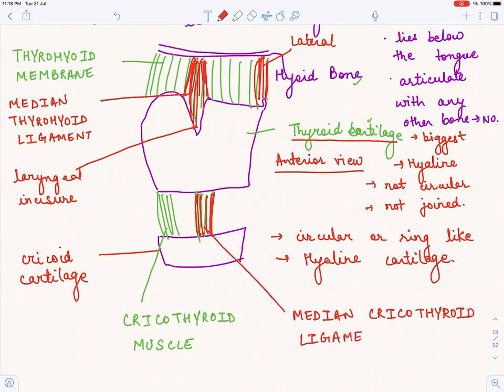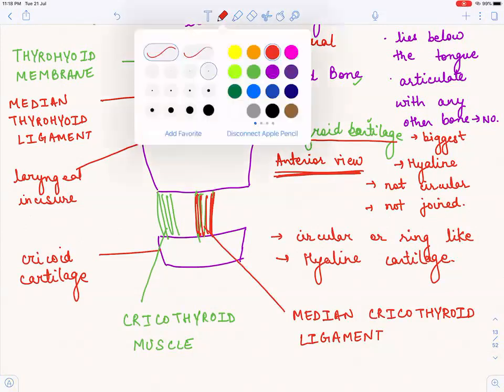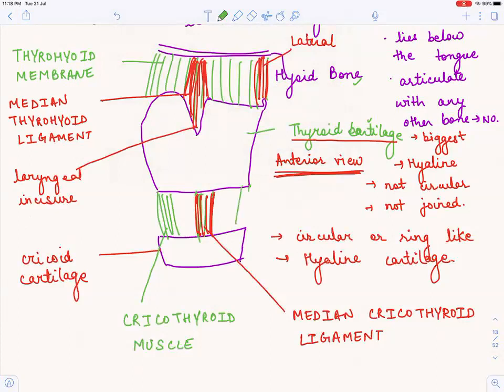Understand? This is the anterior view that we are discussing. Always remember this is the anterior view, because in the posterior view there will be different things. This is also the cricothyroid muscles, right? So now you get an idea of what we are actually going to study.